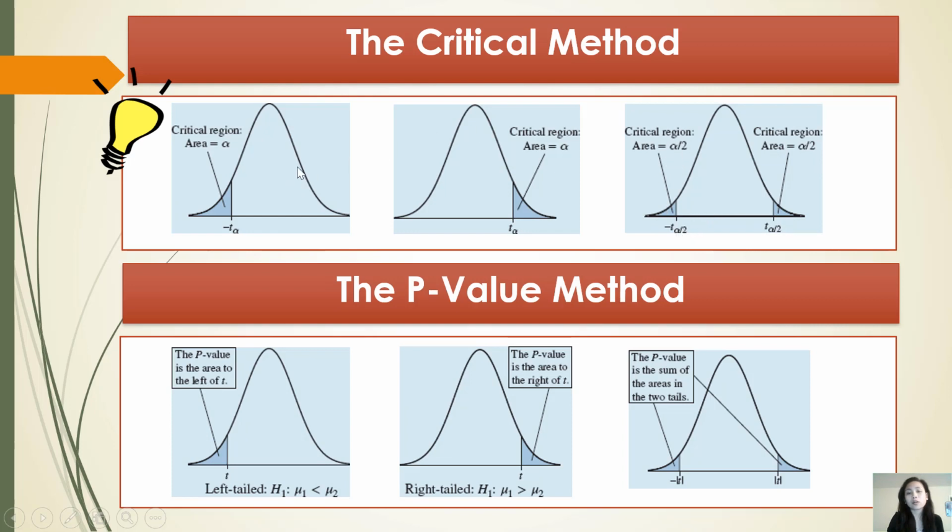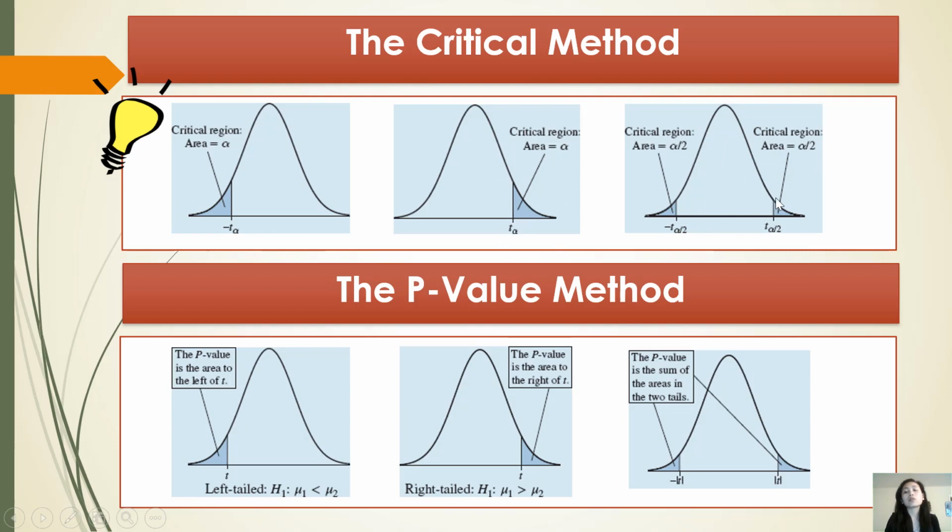So the critical value for the left tail test is a negative number, and that is minus T alpha. The critical value for the right tail test is a positive number, that is T alpha. And for a two tail, we have two critical values, one is negative and one is positive. For the left tail, the critical region is on the left of the critical value. For the right tail, the critical region is on the right of the critical value.